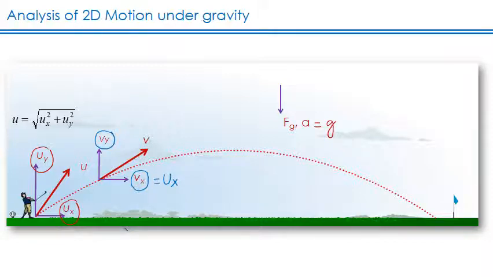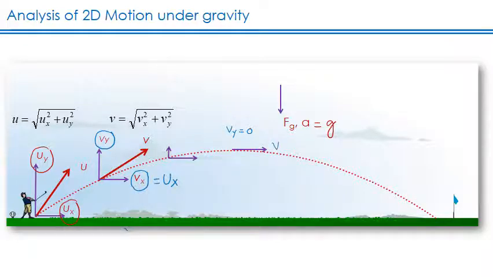The ball moves further, and the vertical component of the velocity decreases more, and ultimately it becomes zero. So at this position, the vertical component of the velocity is zero. But we cannot say that the velocity of the ball is zero.